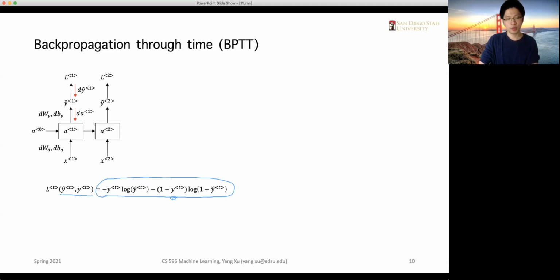So if we have some loss computed for the second time step, between the prediction y hat 2 and the ground truth y2, the loss at the second time step will have the gradients computed for y hat 2, right?